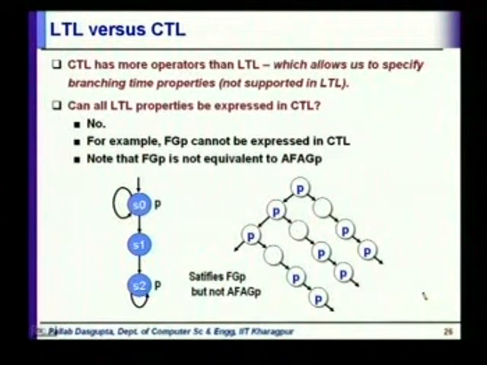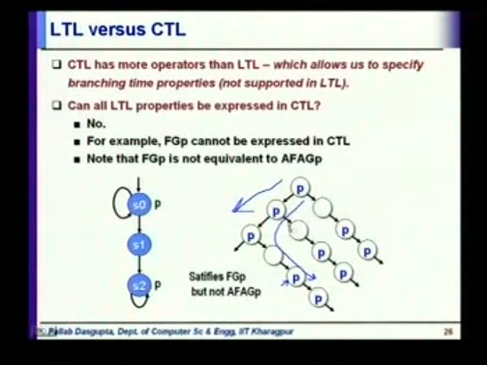Right. Now it is easy to see that this satisfies FGP. You take any path, if you take this path, then P holds forever in this. If you take any of these paths, then you reach some state from where GP holds forever, right.